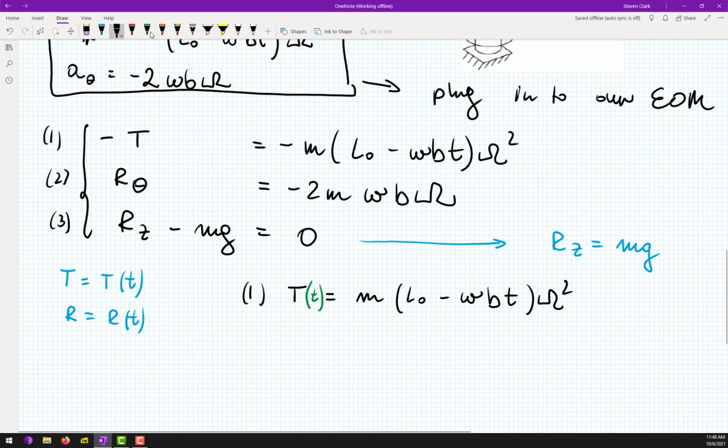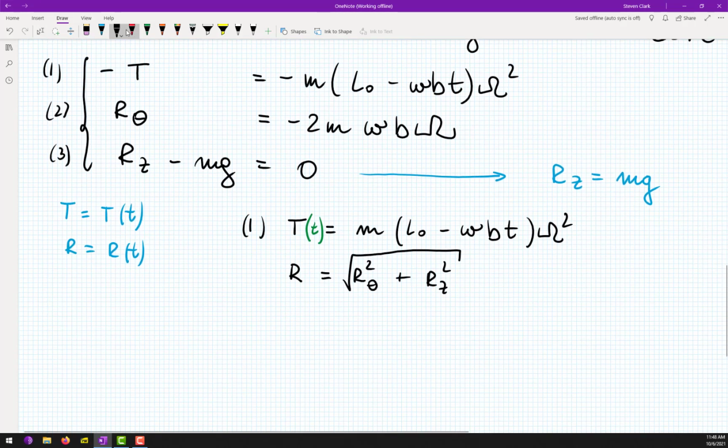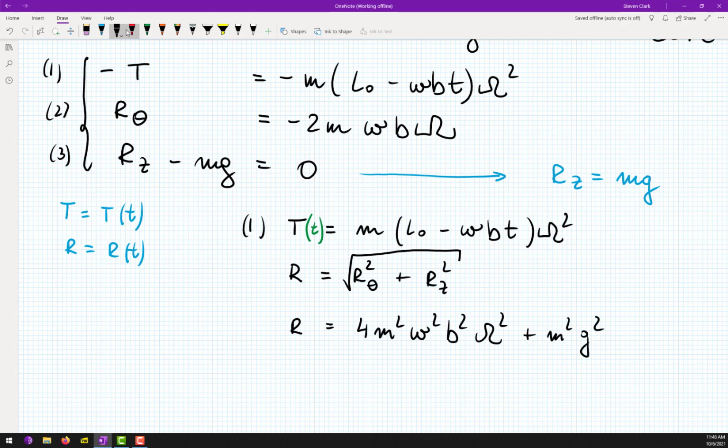How about part B of that problem? They told us to find R, the reaction force. So R will be the square root of R theta squared plus R_z squared. And we have expressions for these two values, so let's plug them in. So R will be the square root of 4 m squared omega squared b squared capital omega squared plus m squared g squared.